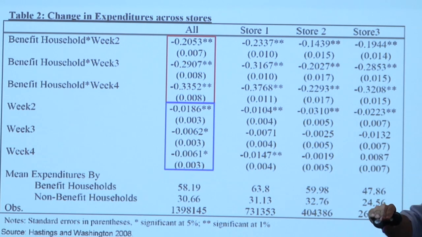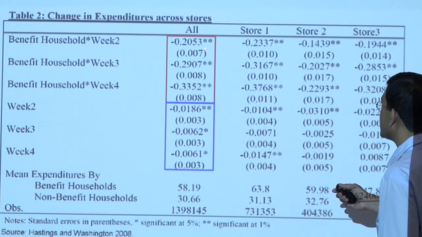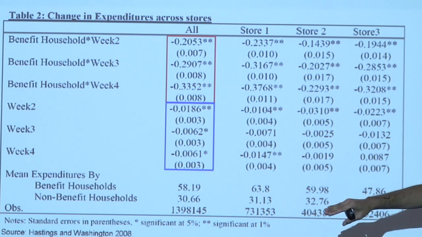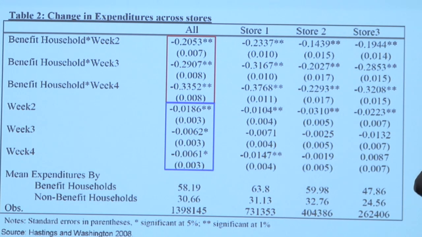That's the baseline level of demand. And so what this is showing you is that in week 2, demand is 20% lower than in week 1. In week 3, demand is 29% lower than in week 1. In week 4, it's 33% lower. So this huge drop-off in purchases at the store relative to the first week.